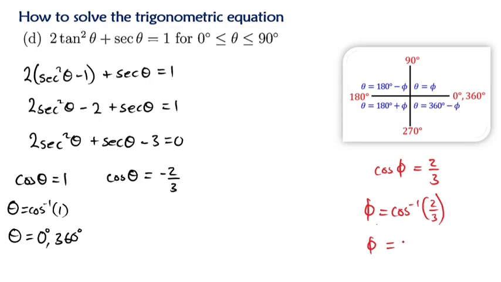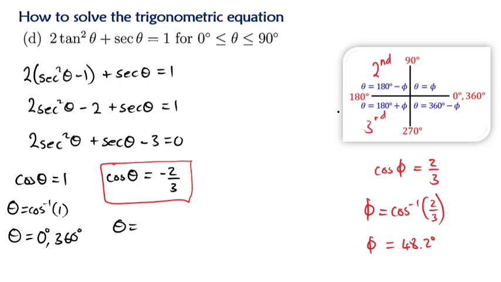So 48.2. Now, this is a reference angle. Since cos here has a negative, we know that it is found in the second quadrant as well as in the third quadrant. So, in the second quadrant, theta is equal to 180 minus the reference angle. So, that is 180 minus 48.2.